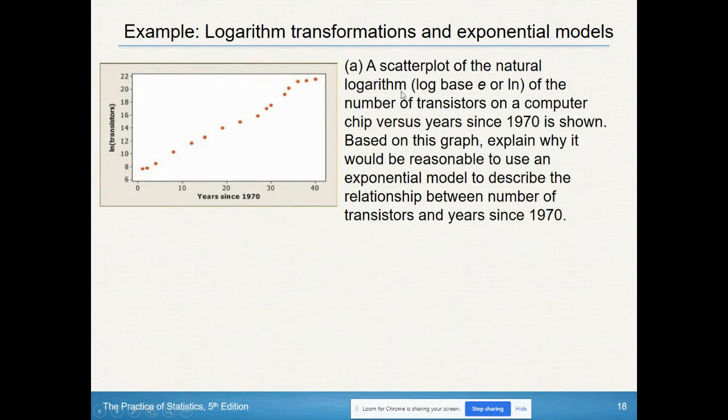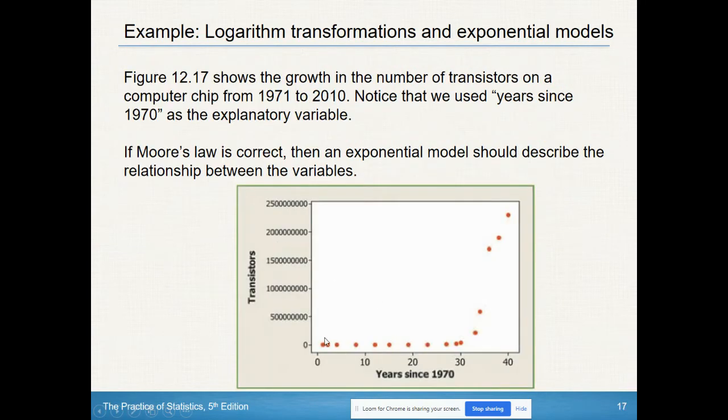Well, a scatter plot of the natural log, in this case log base e, or ln, of the number of transistors on a computer chip versus the years since 1970 is shown. So they take ln of the transistors versus the years since 1970, and you can see that this relationship looks a whole lot more linear. Whereas the previous graph looks rather exponential.